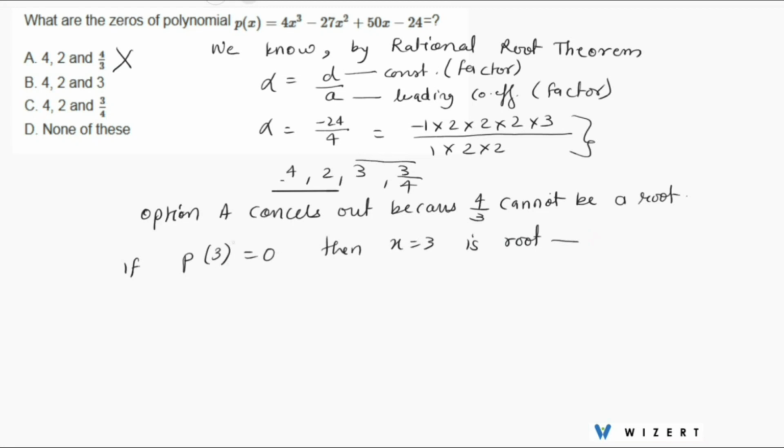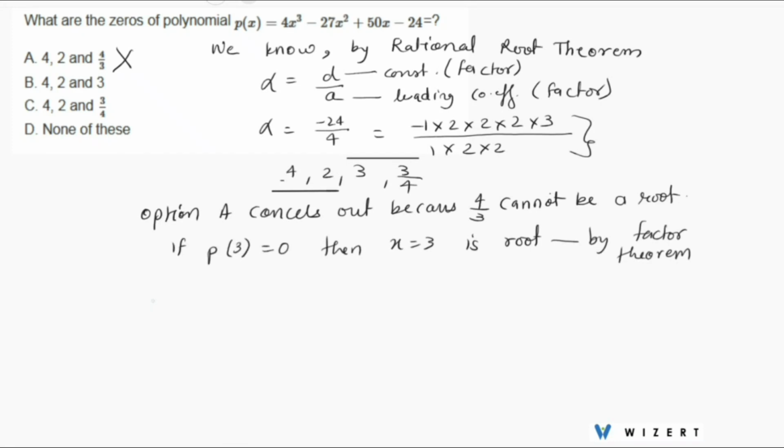That is, p of 3 will give the remainder of the division, and if it is equal to 0, then this is a root of the given polynomial. So by factor theorem the remainder should be equal to 0. So let's look for it.